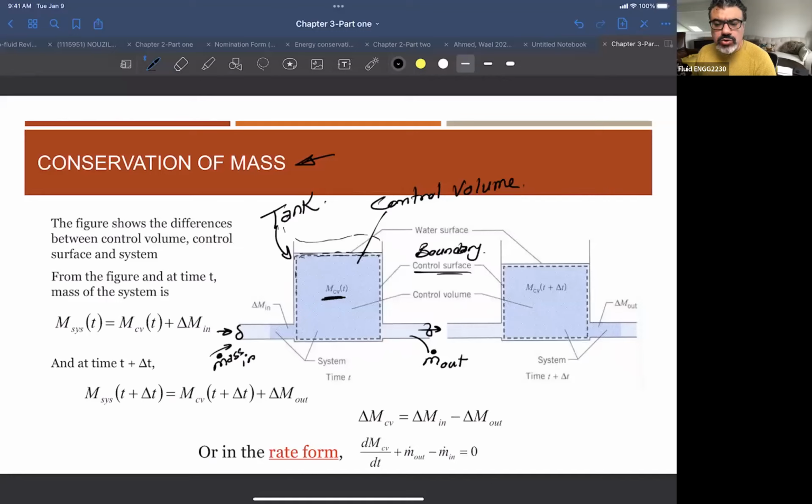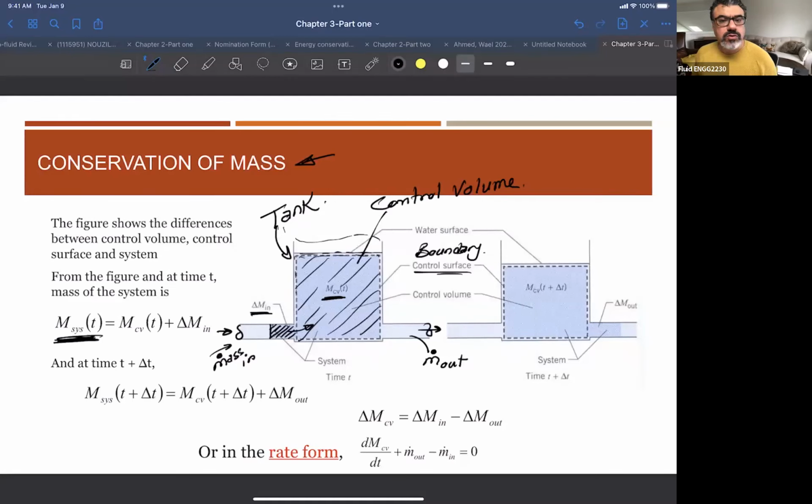Now, in order to understand how the Reynolds transport theorem works, he's saying that your system at a certain time t includes a small little mass. Imagine you are freezing the time at a certain time t, and a small portion of mass is going to go in. So the mass of the system that we are considering is this whole mass plus a small little piece that is coming in.